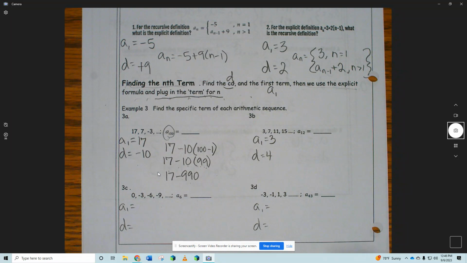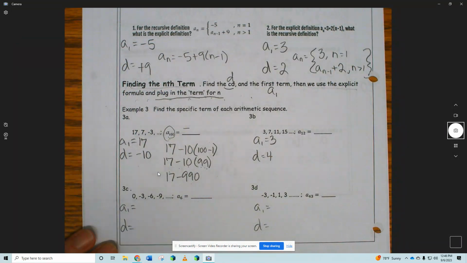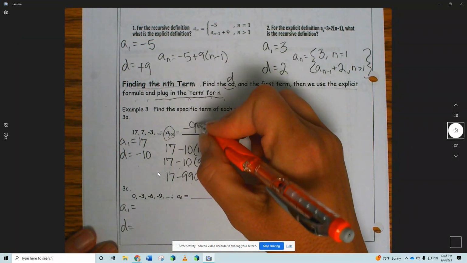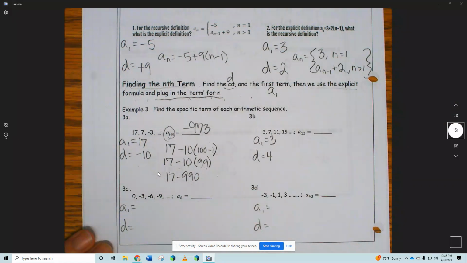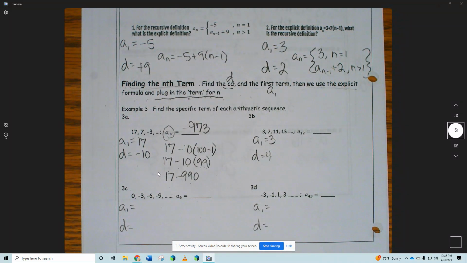All right. What is the 100th term in this list? Negative 973. Okay. All I'm plugging in is a sub 1, the D, and the N, 100. Right? 100.